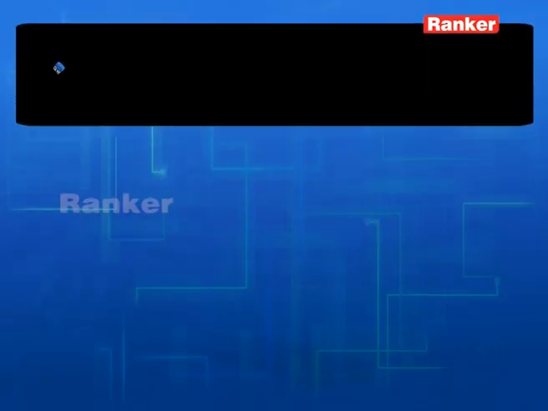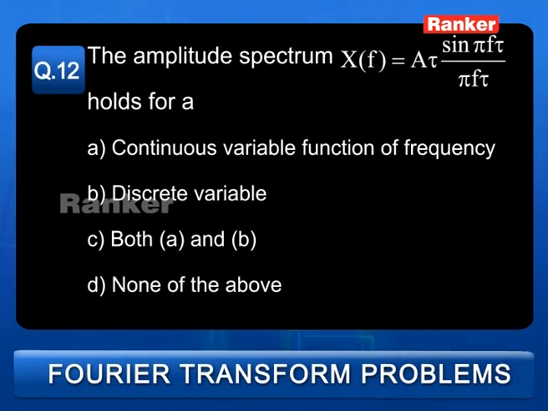Let us see the next question. The amplitude spectrum X of f equals A tau sin(pi f tau) by (pi f tau) holds for A. a continuous variable function of frequency, B. a discrete variable, C. both continuous and discrete variable, and D. none of the above.